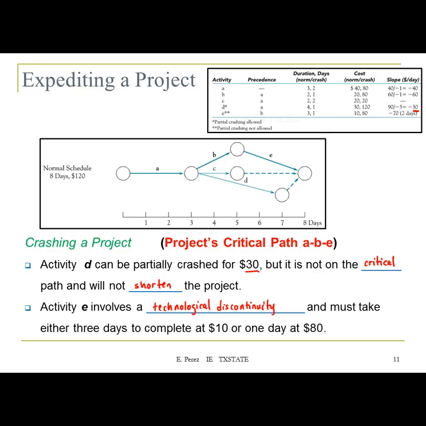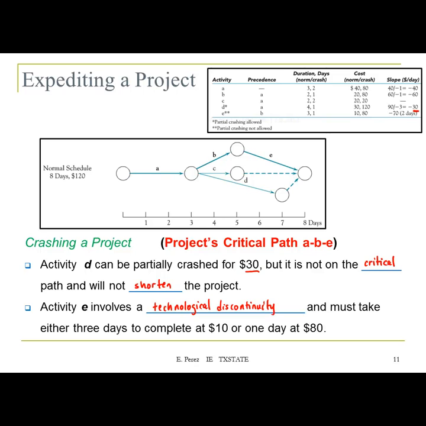So when you have multiple day options like that, you use the slope formula to determine which one is the most efficient, the cheapest one, or the one that is less expensive. If you shorten by 1 day, this is going to be the cost per day.